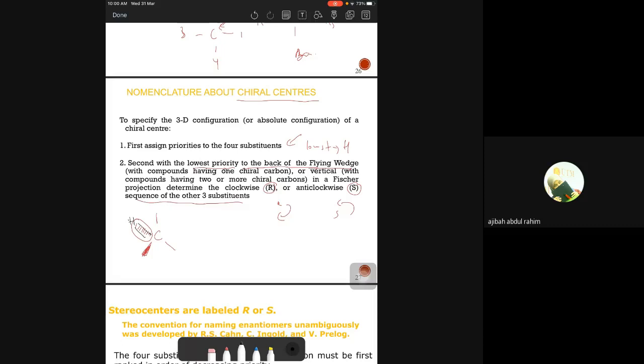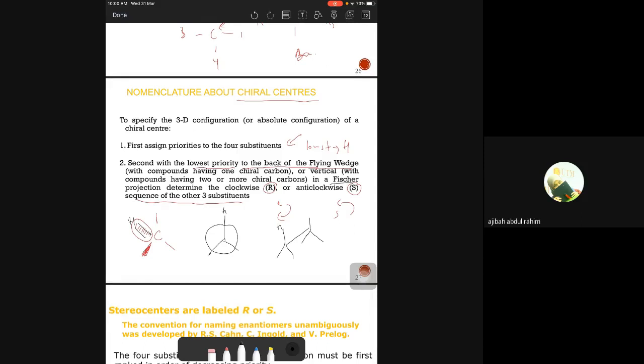So if it is in the Fischer, or any other projection, you can place it here. It is said to be in vertical, so the one that is pointing on top. Let's say you have the Newman projection, so you can place the hydrogen here, or if you use the sawhorse projection, you can put the hydrogen on top, probably.